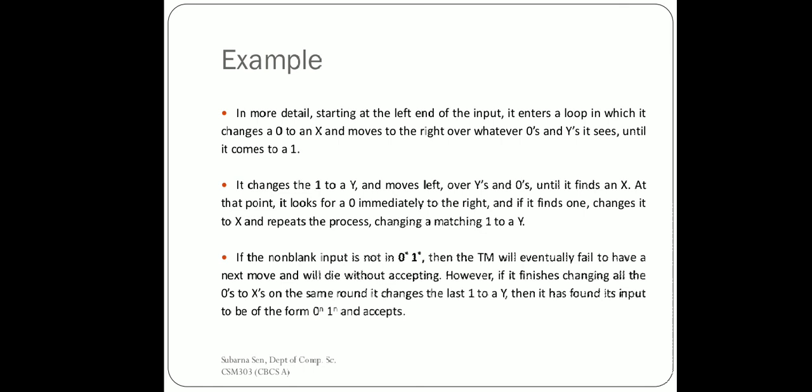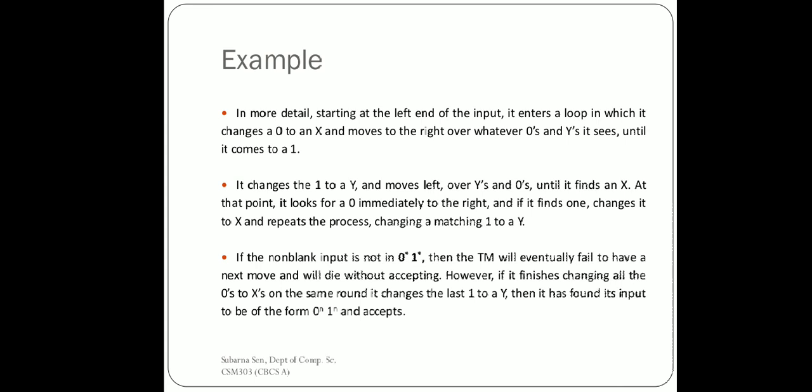So it changes the 1 to a y and moves left over 0. Whatever it is doing, in one state it converts the zeros to x, and in another state it converts the ones to y. In between these two, there should be a transition by which it moves from the initial state to the state where it will change the ones to y.